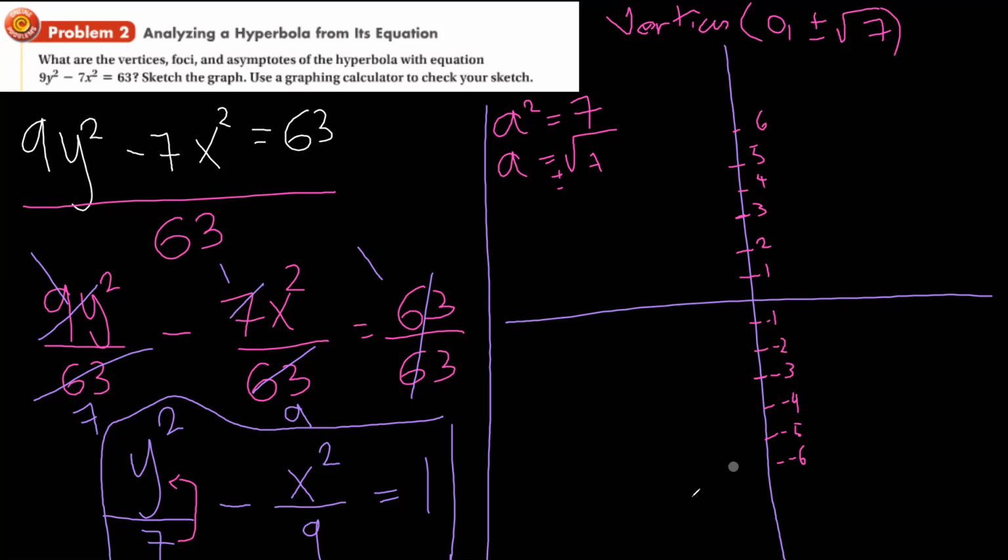The square root of 7 is between 4 and 9, so it will be approximately near 3. I will put here the vertices of the hyperbola.